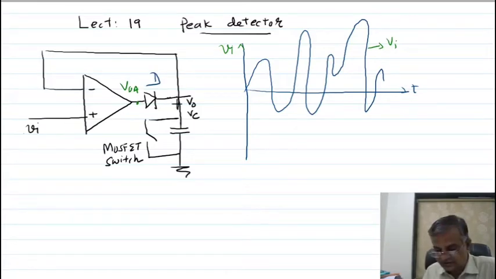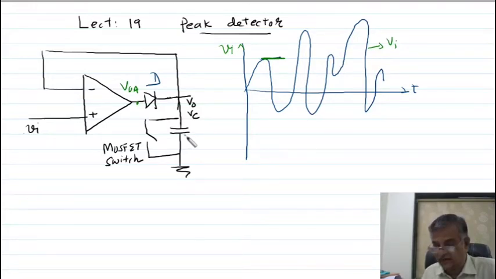As a result, this capacitor will be charged up to this maximum peak, and it will store this maximum positive peak voltage on the capacitor.